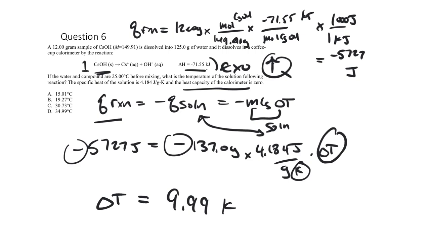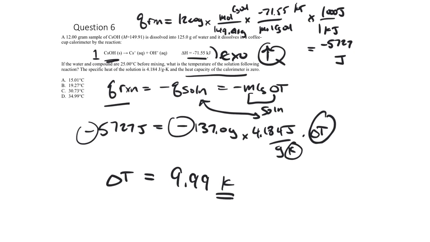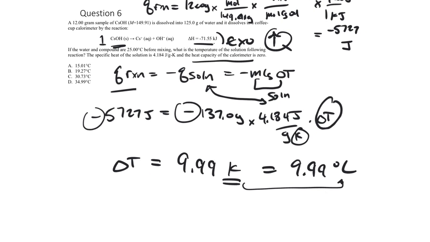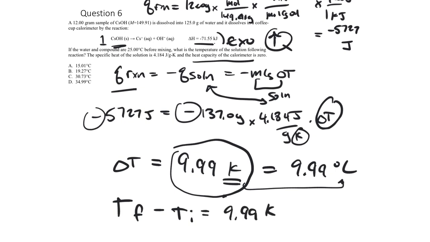And so now, again, I want to make sure that we're not too confused with Kelvin here. I've done this a couple times in class now. But our delta T is 9.99 Kelvin or 9.99 degrees C. I'll think of it this way. Let's do it the long way. Let's say we're saying, all right, my T final minus T initial is 9.99 Kelvin.